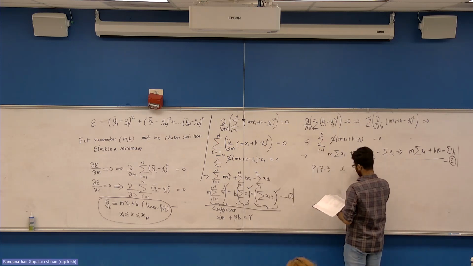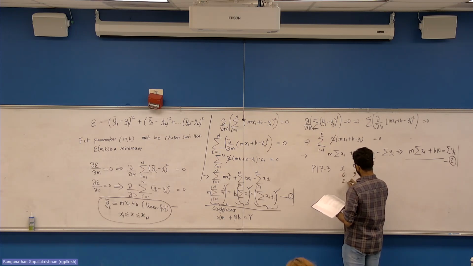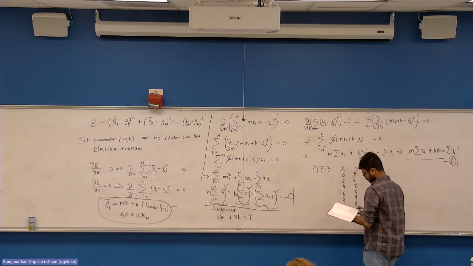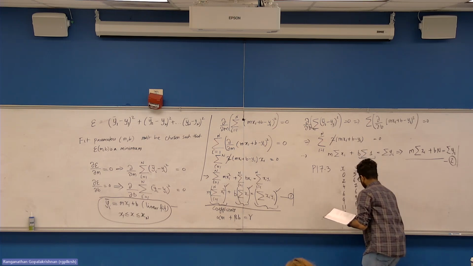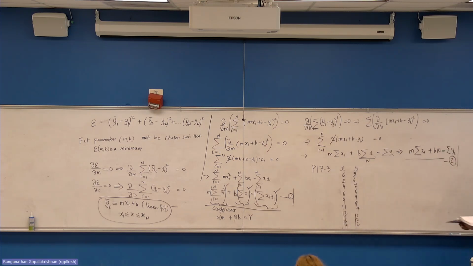The data: 0, 5; 2, 6; 4, 7; 6, 6; 9, 9; 11, 8; 12, 7; 15, 10; 17, 12; 19, 12. This is your data.